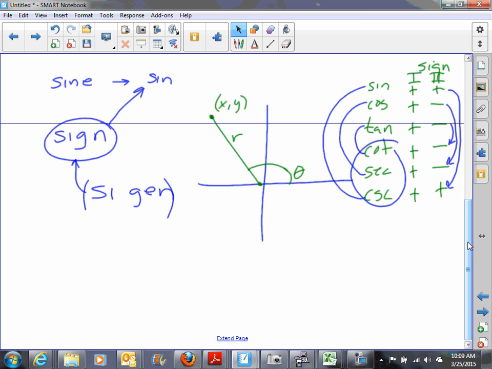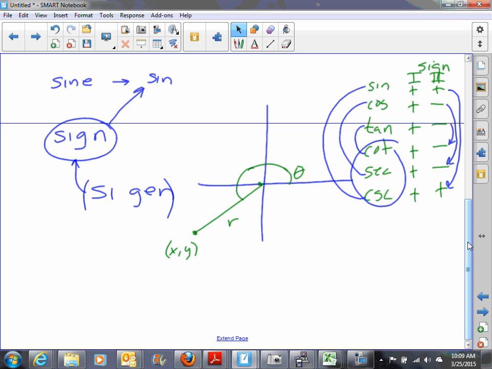Now, if we go down to the third quadrant, let's just move r down here and extend theta a little bit farther. Now, notice that x and y have to come down here. There we go.